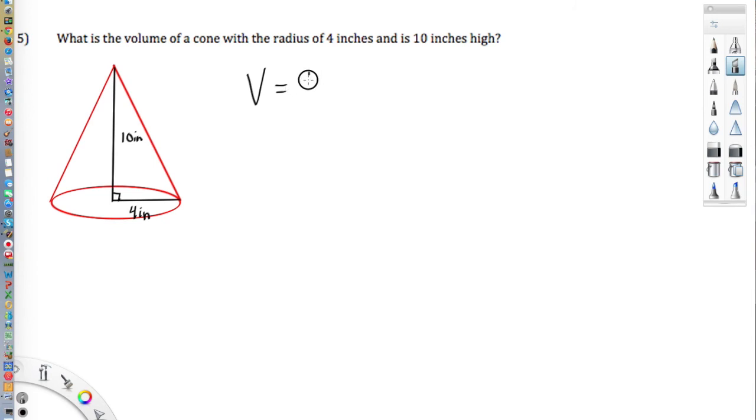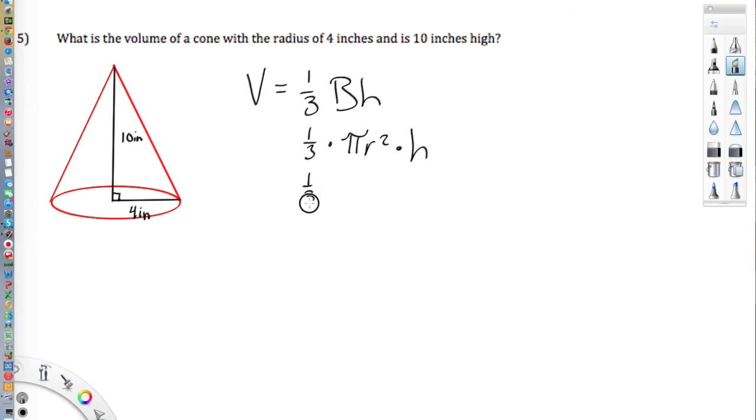The volume of a cone, you find that by taking 1/3 times big B H. Okay. And my big B is going to be the area of my base shape, which is a circle. And I find the area of a circle by taking pi r squared and then times the height of the cone.